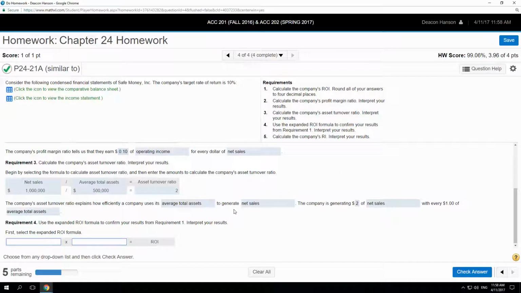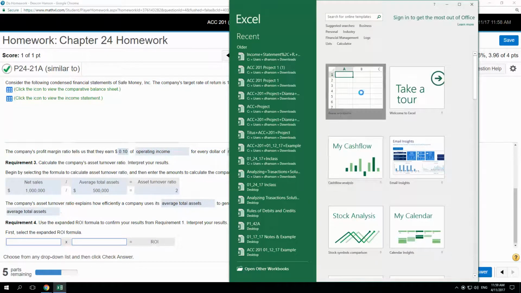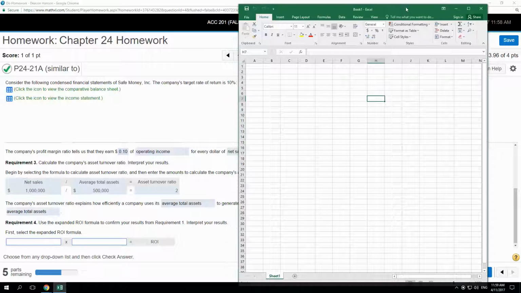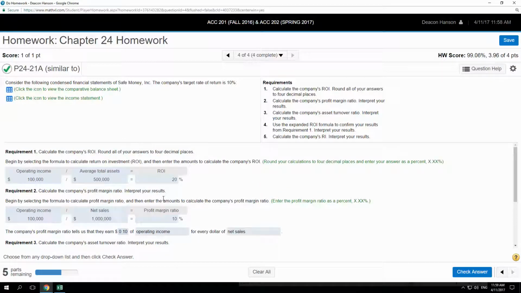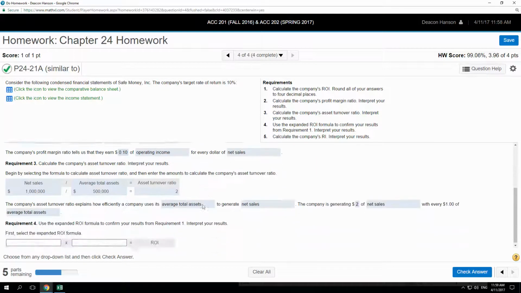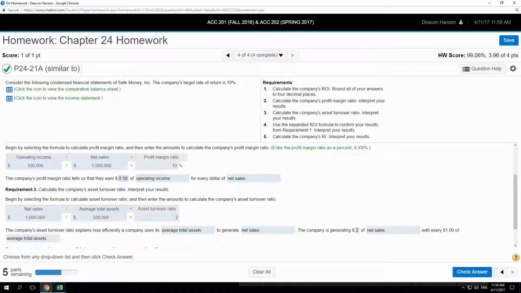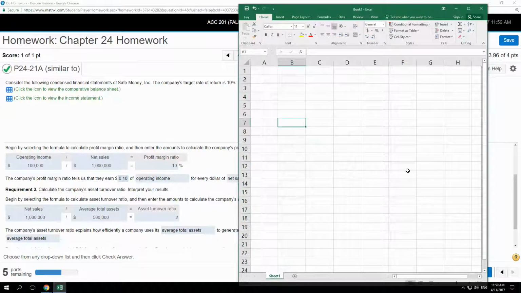Okay, now here we are, the expanded return on investment formula. I'm going to spend some time on this. Okay, so let's look at this closer, right? So our profit margin ratio is operating income divided by net sales. We'll make it look like a fraction here.